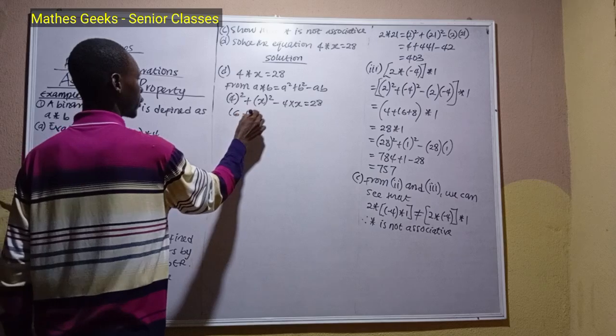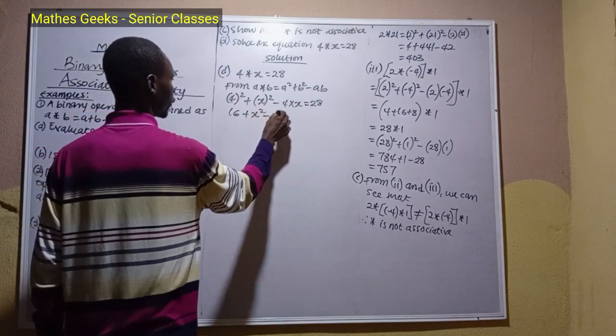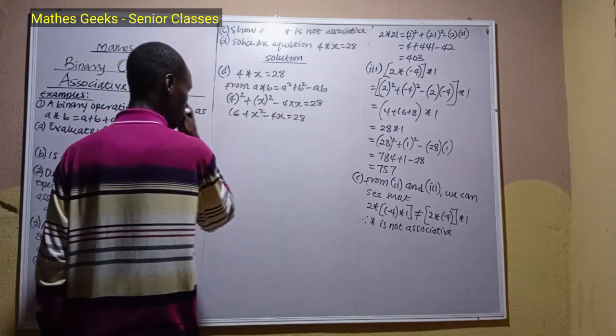So 16 plus x squared minus 4x equals 28.